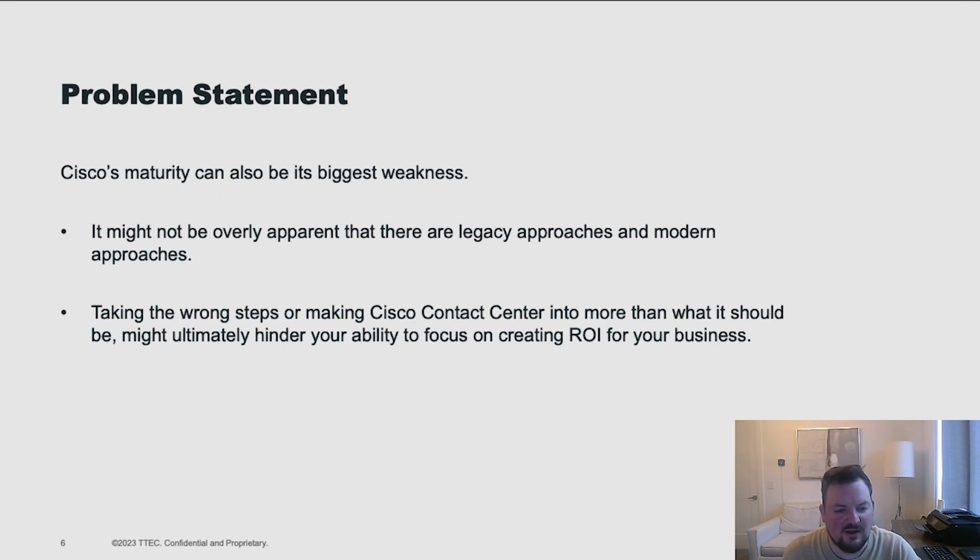The problem that I see here is that it can also be its biggest weakness, in that you're given so many different options in how you can move forward with this platform, and so frequently I see customers stuck in things that should have been done, or were, let's say, important considerations that should have been made 10 years ago, that shouldn't be made now.